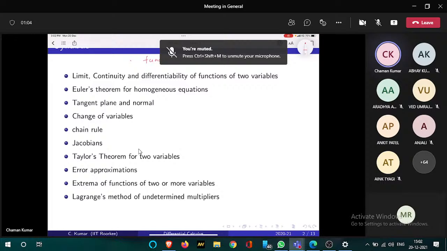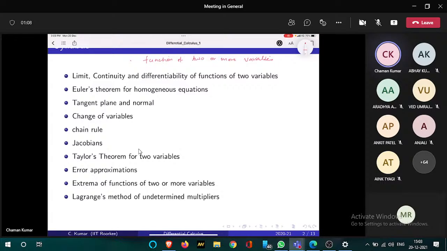more variables. In your high school, you have seen functions of one variable.